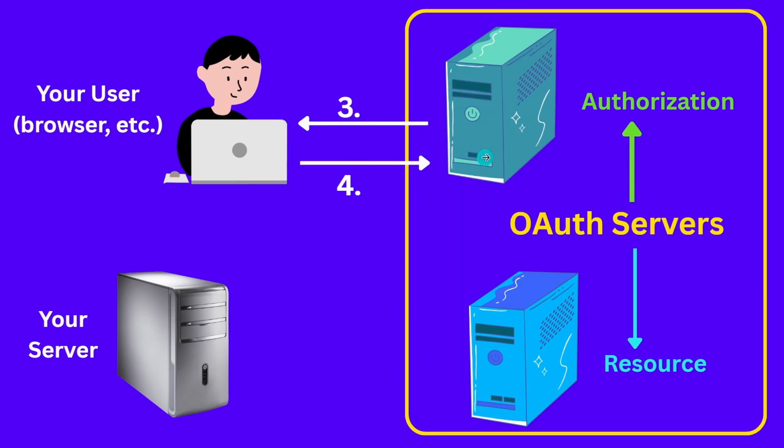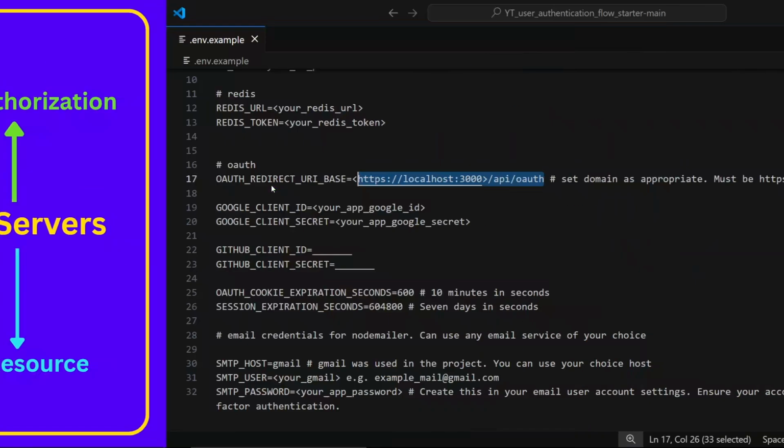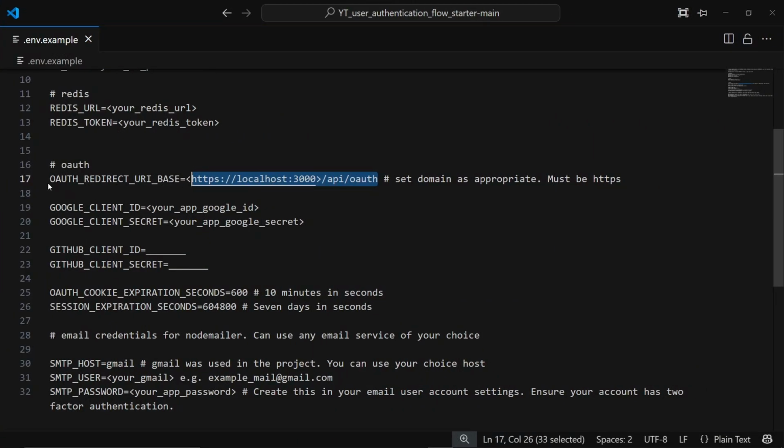If the user denies the access request, then the whole authorization procedure is going to be terminated at that point. But if the user grants the permission, then the authorization server is going to respond with an authorization code. So the authorization server is going to redirect the user to our server, and the endpoint that the user will be redirected to is the endpoint that we provided at this point, this redirect URI.